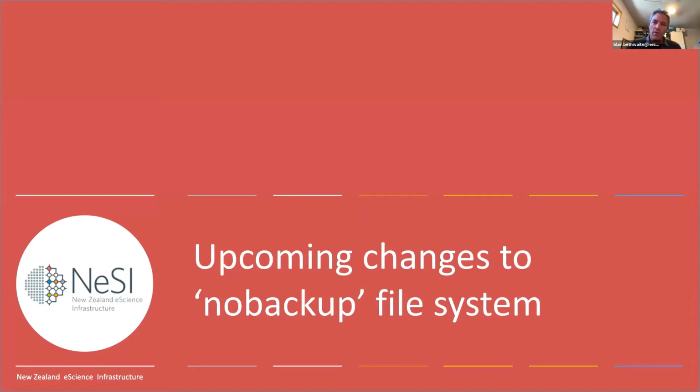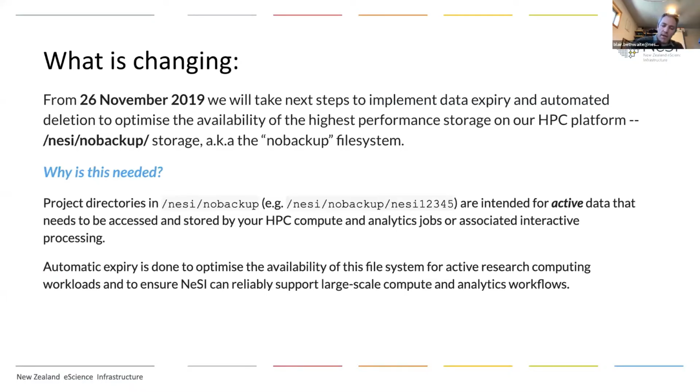So, the nobackup file system and the change that's coming along. We sent an email out about this, when was it? Maybe a week or so back now, and then about this webinar today. On the 26th of November, early in the morning, we will begin the phased rollout of expiry of data from the nobackup file system.